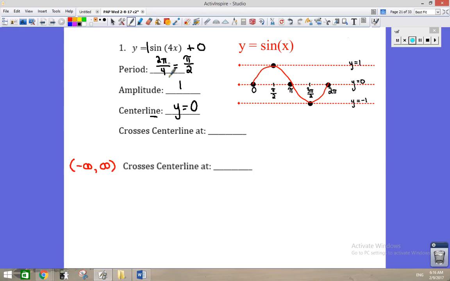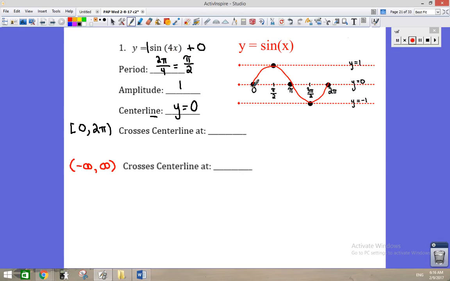So now to think about where it crosses the center line on this 0 to 2 pi, what this 4 is doing is shrinking that.